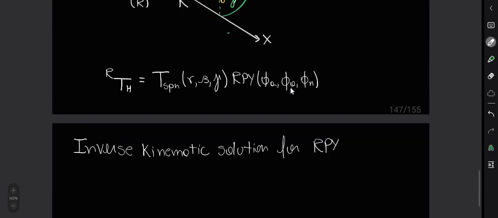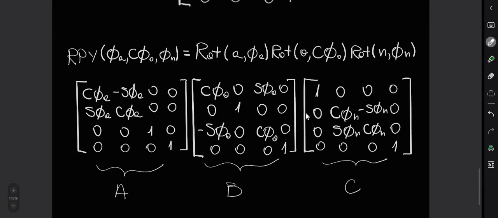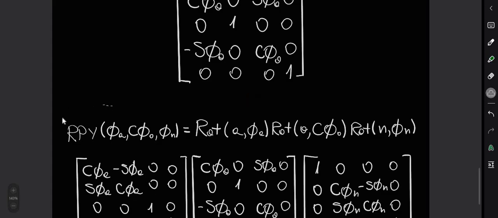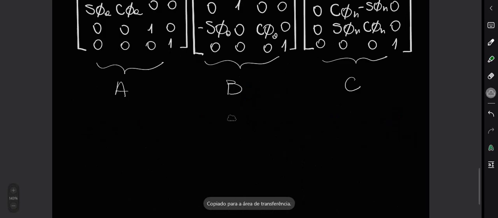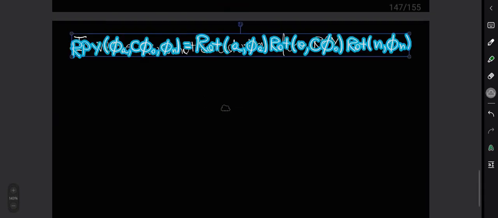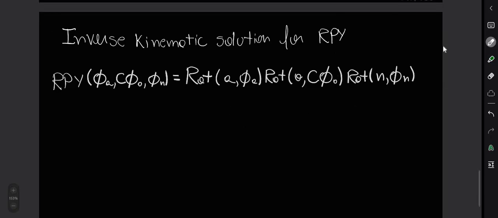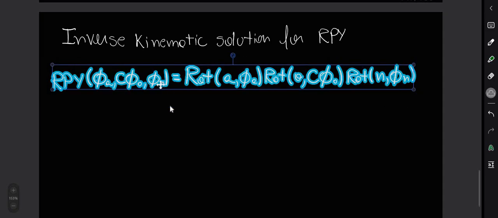We just have to write this transformation equation, and now we will work on its solution. So again, let me write this inverse kinematic solution for RPY.